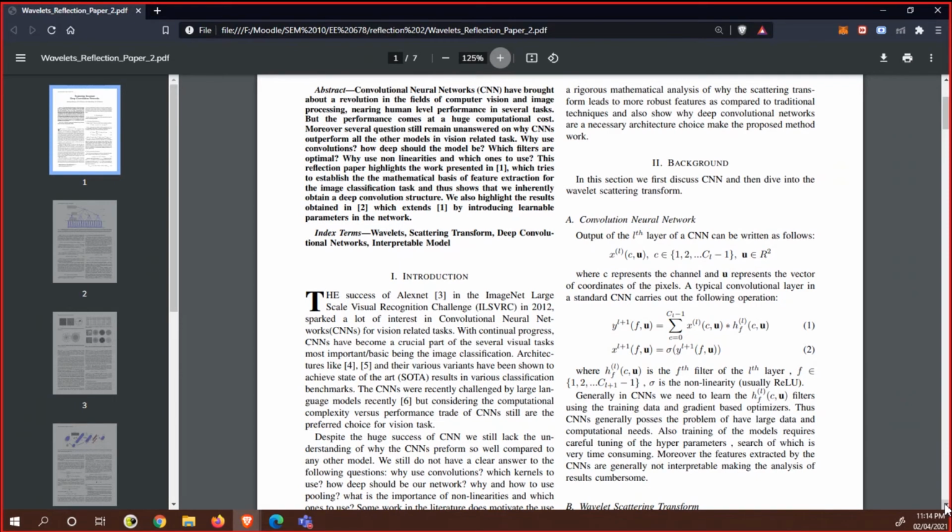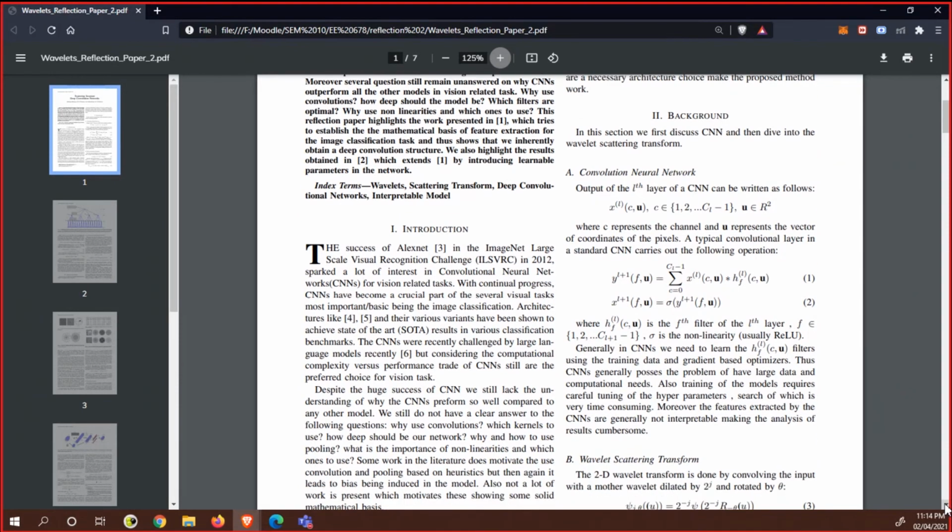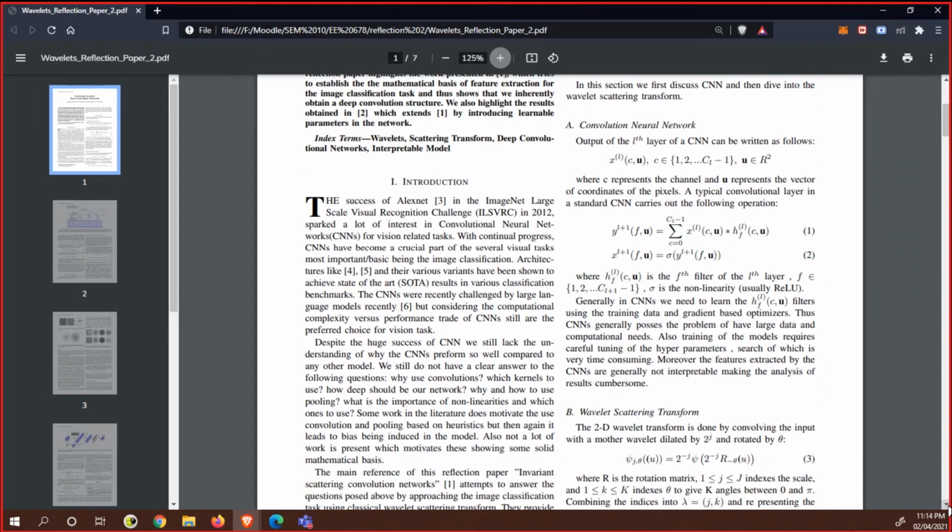So we try to answer these questions and try to interpret deep neural networks and CNNs by using wavelet transforms, specifically scattering transforms.